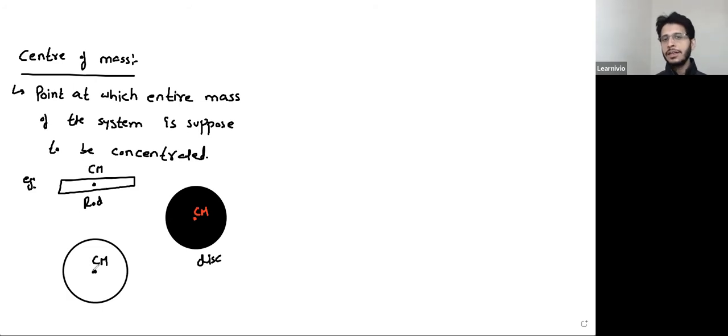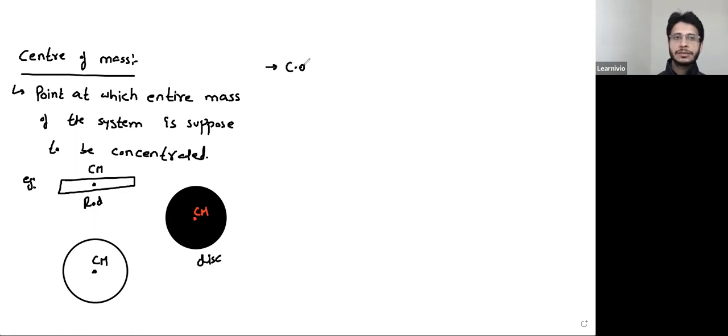Is there anything at the center of the ring? No, sir. In a ring, mass is distributed only on the circumference. There is nothing inside the ring. So the center of mass of a ring is lying at a point which has no mass. That's why I'm saying it is a point at which the entire mass of the system is supposed to be concentrated.